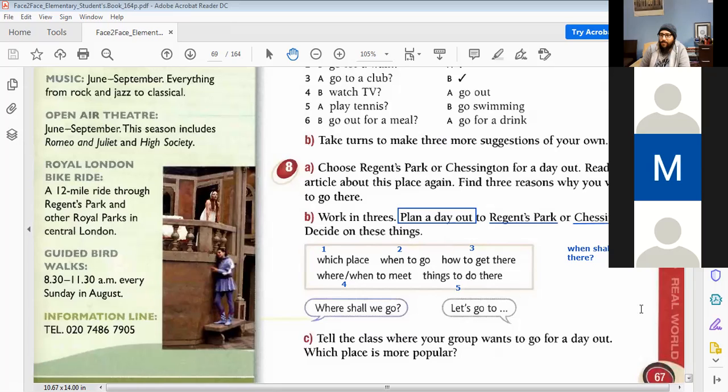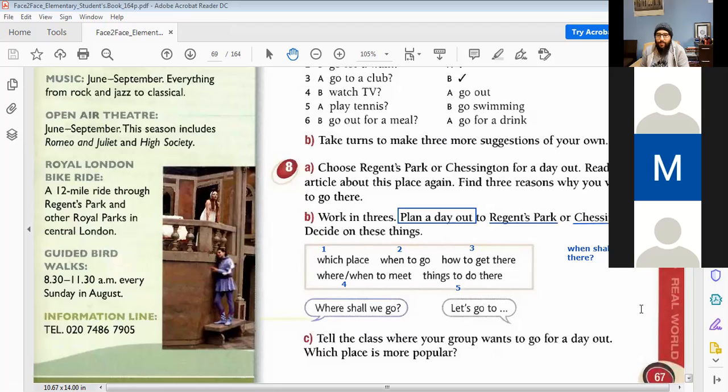Can we use your car? Okay, so you can say we can go by car, or you can say, Rana, we can use my car. We can use my car. Yes, that's a good idea.